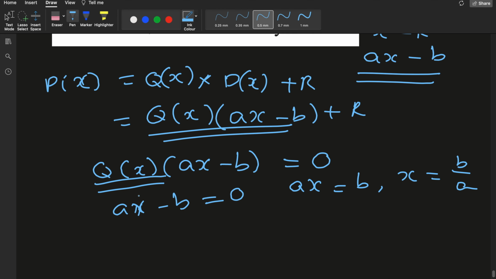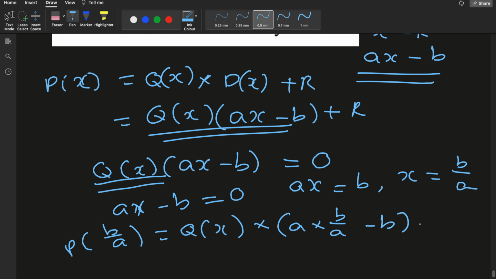So we get P of b by a equals Q of x into a into b by a minus b plus r. This gets cancelled, so b minus b plus r.